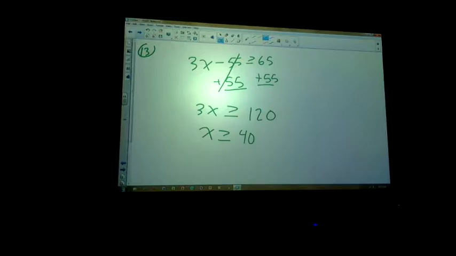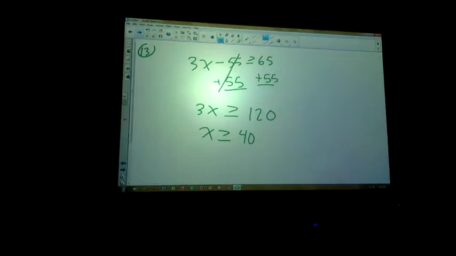Oh, nice. Okay, that's what this means in the context of the problem. So the 3x represents they're selling every item for $3. The minus 55 was the money they're out because they had to purchase some things, perhaps the items, and then they wanted to make at least $65, so we set up this inequality. So the profit we're trying to make is $65.